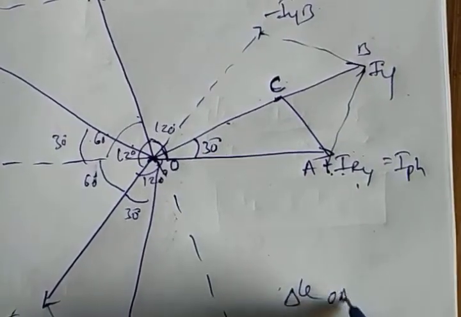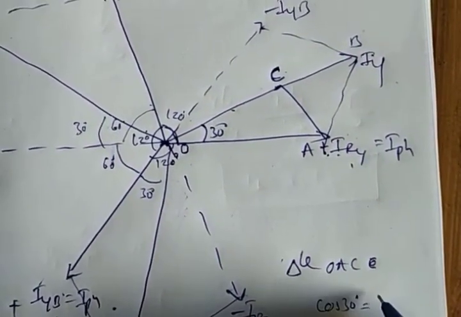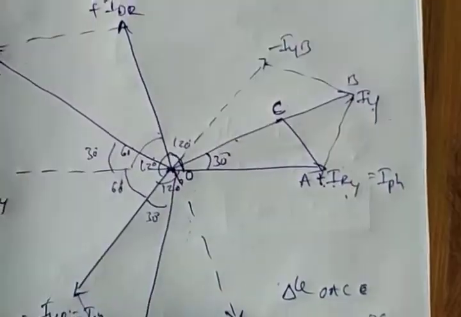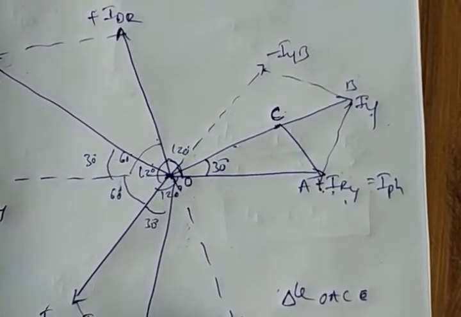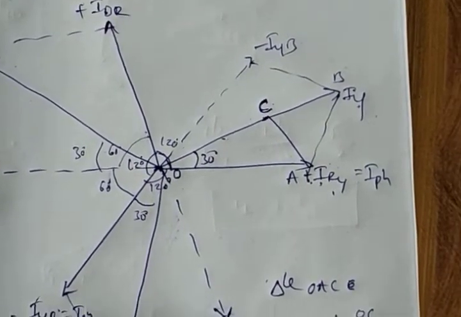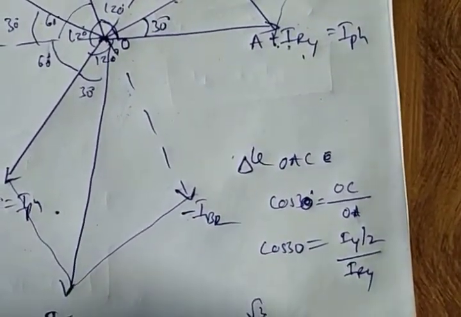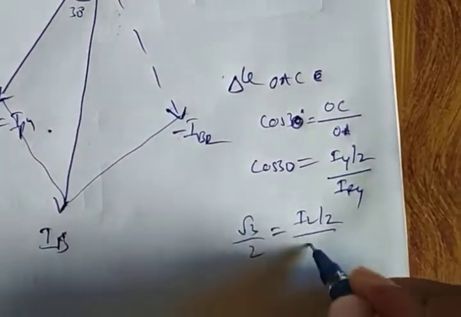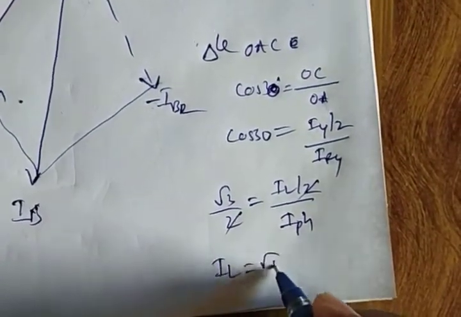From the triangle OAC, we can write cos of 30 degrees, cos theta is equal to OC by OA. OC means half of IY, that is IY by 2, divided by OA, which is IRY. Cos 30 degrees is root 3 by 2, equal to IL by 2 divided by IPH. So the 2 cancels and you simply get IL is equal to root 3 IPH.